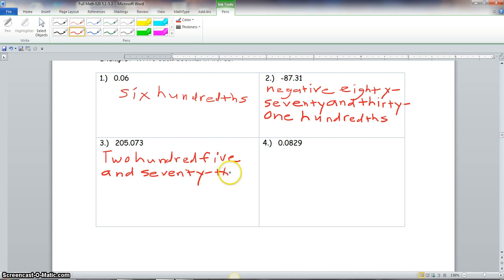Now the place value that the 3 is in, the thousandths place. So it'll be 205 and 73 thousandths.